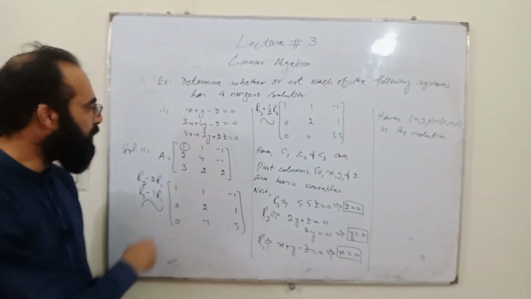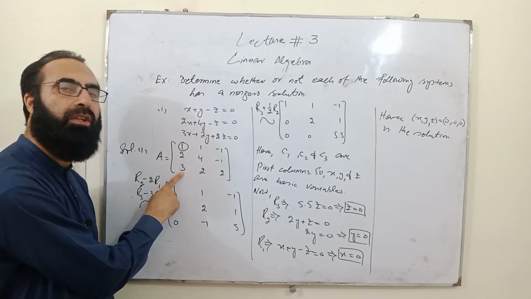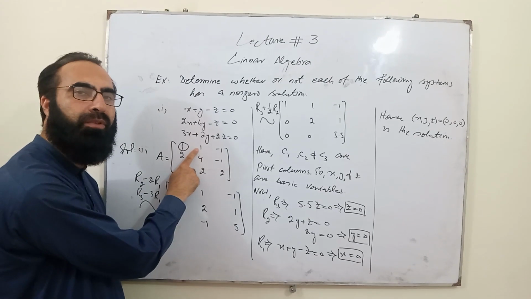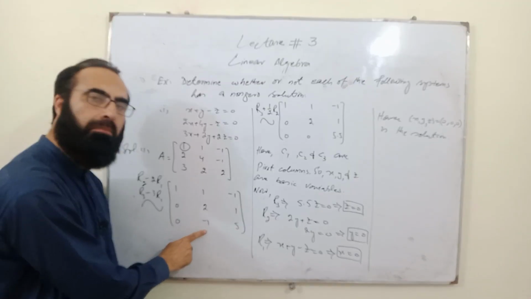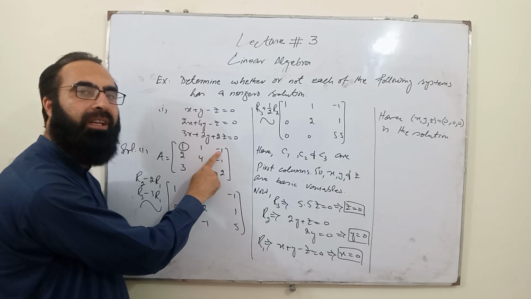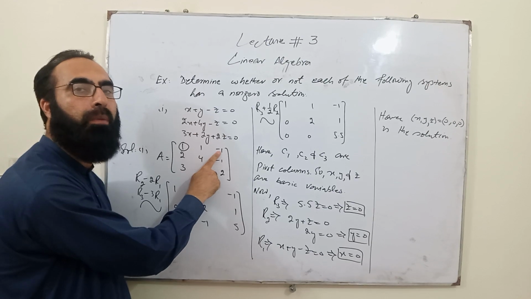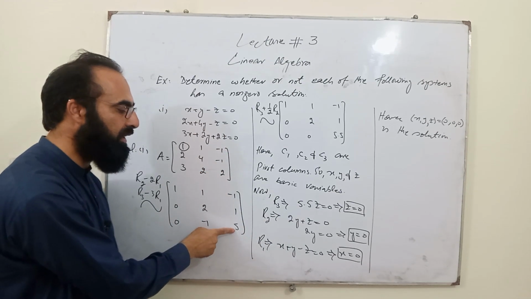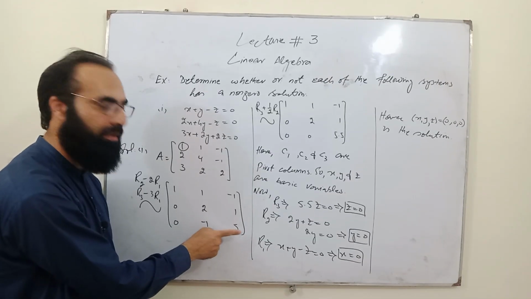Now in the third row, 3 times 1 gives us 3, and subtracting that 3 from 3, we will get 0. 3 times 1 gives us 3, and subtracting that 3 from 2, we will get minus 1. 3 times minus 1 gives us minus 3, and since we are doing subtraction, that minus 3 will become plus 3, and adding that entry to 2, we will get 3 plus 2 equals 5.